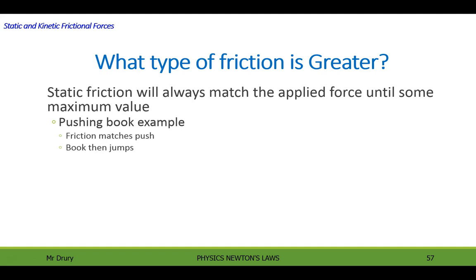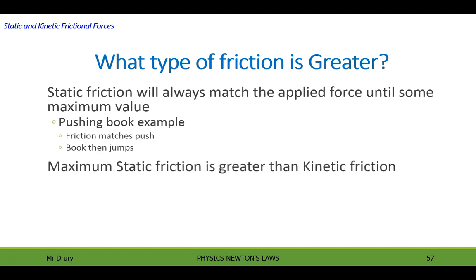And this is because the static friction is greater than the kinetic friction. So it can hold it better in place, but once it can't hold it anymore and lets go, this kinetic friction is actually lower. And in conclusion, basically, the maximum static friction is greater than kinetic friction.